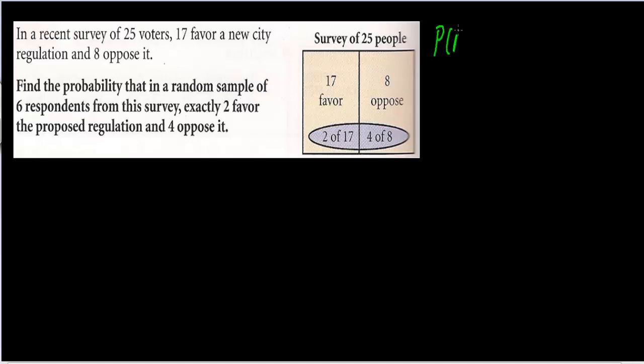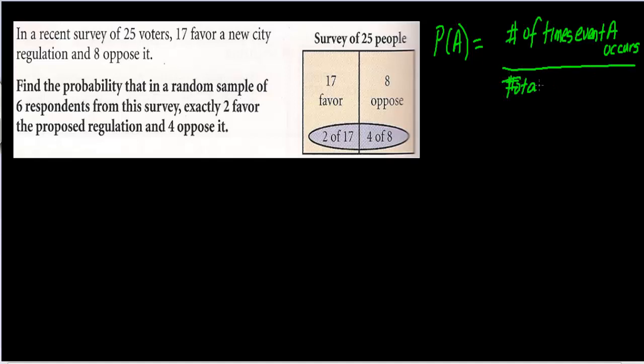The probability of event A is equal to the number of times event A occurs divided by the total number of events.